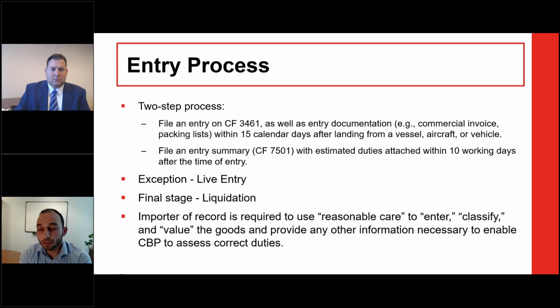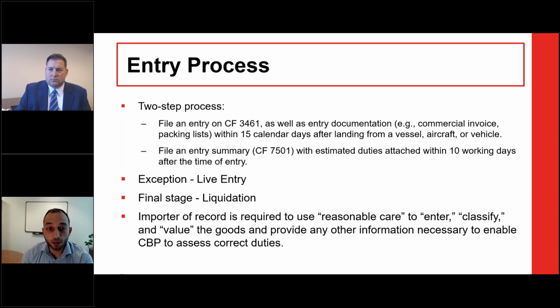In this slide, we essentially try to give you a very brief overview of the entry process as a background before we start discussing the other issues in detail. Essentially, there's a two-step process when you're making an entry.